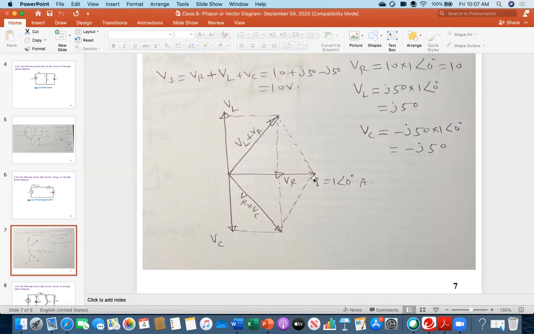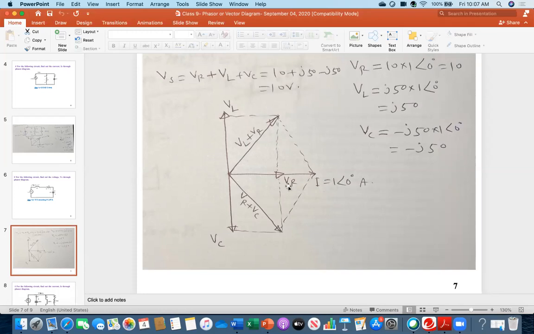In this case, current is my reference. So what should the circuit be? It should be a series circuit. And then by looking at the voltage components, you can guess what the elements are. This is a series circuit, and then VR is in the same phase.